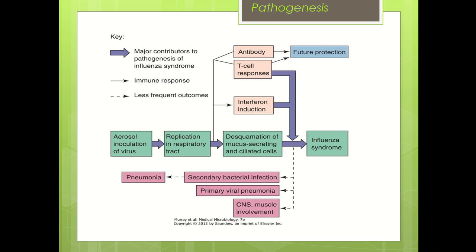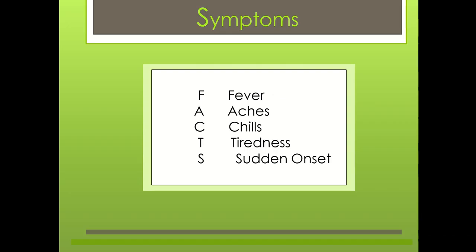And in addition, secondary bacterial infection can also result once the mucosal membrane as well as the lower respiratory tract is desquamated. There can be pneumonia-like symptoms. Primary viral pneumonia can result. If the virus spreads into other parts, there can be secondary infections in the central nervous system, and muscle fibers can also be damaged.